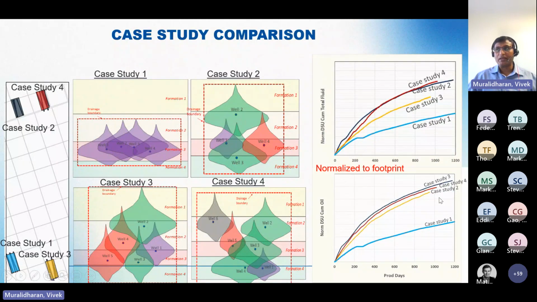Your average oil may come down, but the total fluid may still look pretty high with the staggered development. That's where your economics is more on the oil side. Your SRV is based on the total fluid understanding, but you still have to make money. So you have to understand the petrophysical differences in different layers to make this staggered development a success.